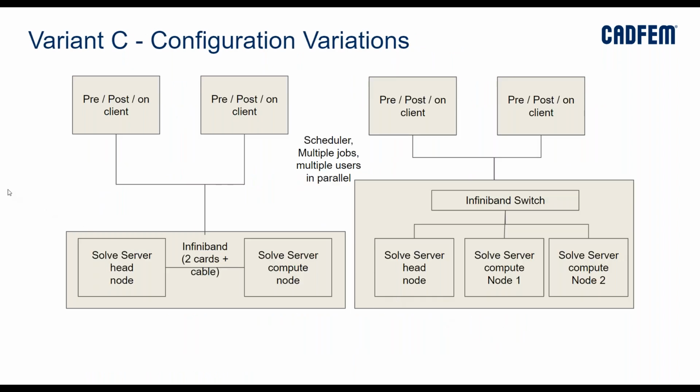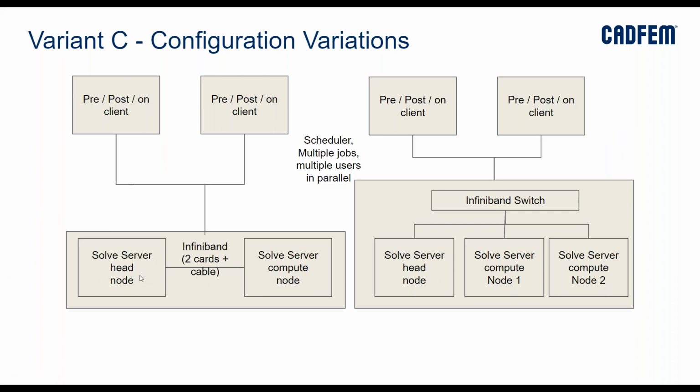Okay, so then the actual physical configuration of variant C. There's a difference if you've got 2 machines and if you've got 3 or more. This side here is if you've got 2 machines.